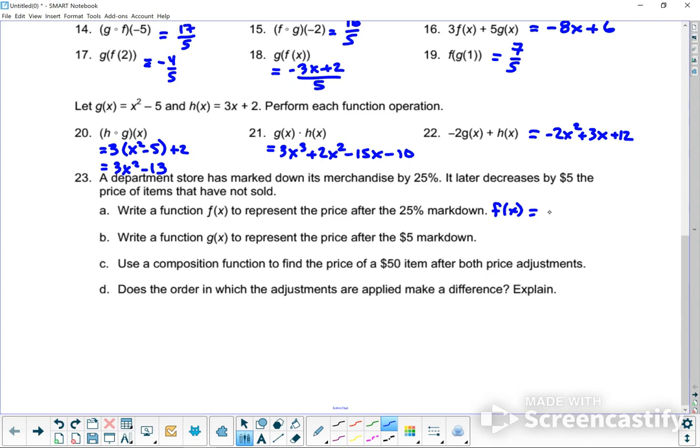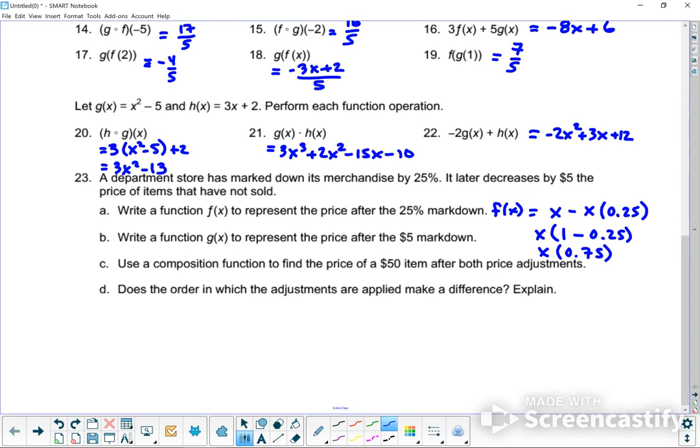Okay, so the original price is going to be x, and it's going to be marked down by 25%. So it's going to be minus whatever the original price is, multiplied by 0.25. Just like what we did the other day, if we factor the x out, we get 1 minus 0.25, and we'll actually be at 0.75.